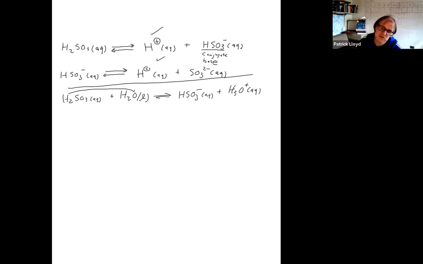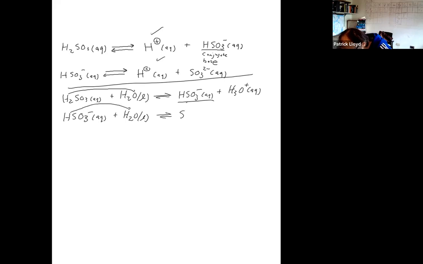And likewise, with the second equation, we would do the same thing. We'd take our conjugate base over here, but because this was a polyprotic acid, the conjugate base is actually going to behave like an acid if you put it into water. So it's a weak acid, very weak. The second one will be a very weak acid, but it will donate an H plus to some of the water molecules in the solution.